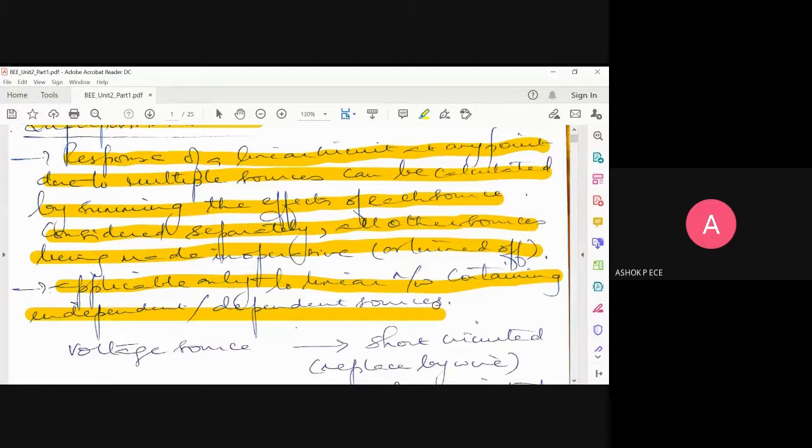V is proportional to I. So in those circuits only, I can apply the superposition theorem. In short, what do I say? Instead of considering all the sources, consider one by one, find the current and add them. That is the nutshell of the superposition theorem.